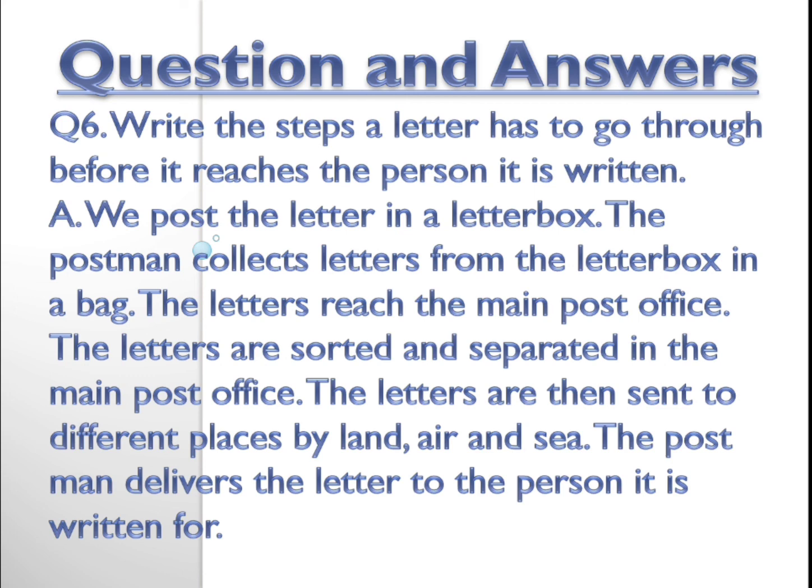He segregates, sorts and separates the letters in the main post office. Then those letters are sent to different places through landways, waterways, or airways. There the postman will deliver the letter to the person to whom you have written. Okay. So write this answer in your classwork and please learn it children.